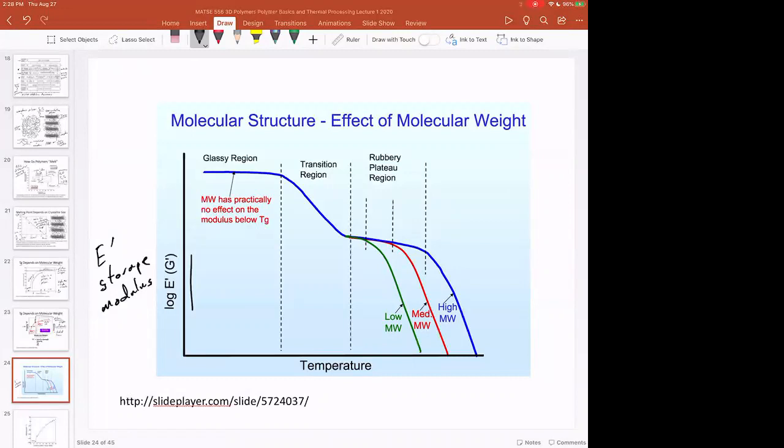And so this type of plot is called rheometry. And we measure it, the instrument's called a rheometer. And this field is called rheology.